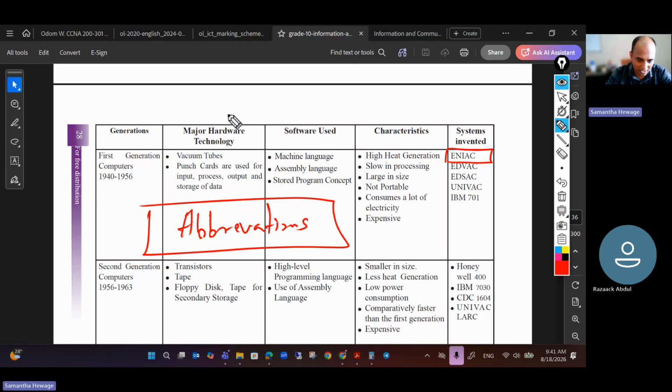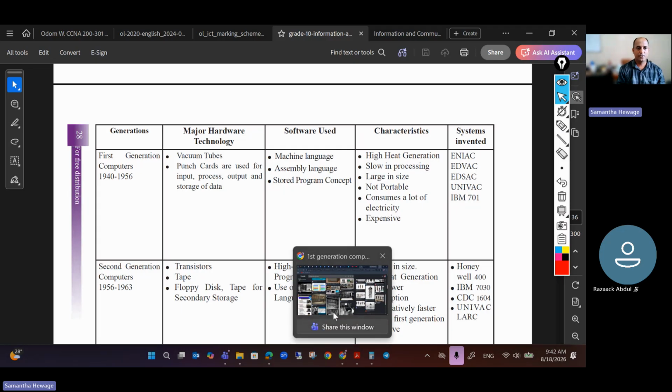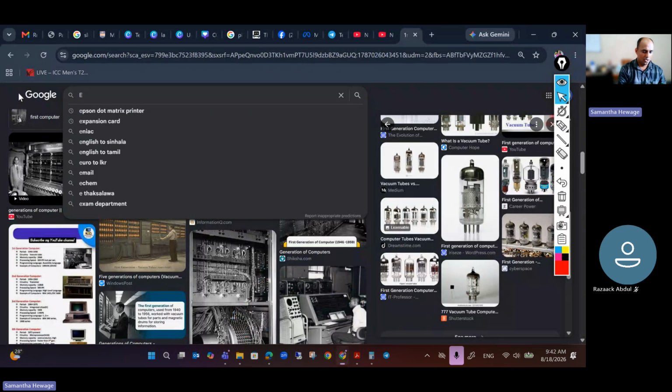Yes, very good, that is correct. Let's say they ask what is the meaning of this abbreviation, ENIAC. You should know: Electronic, Numerical, Integrator and Computer. Sometimes they might ask, because this is your syllabus. In the first generation computers, ENIAC.